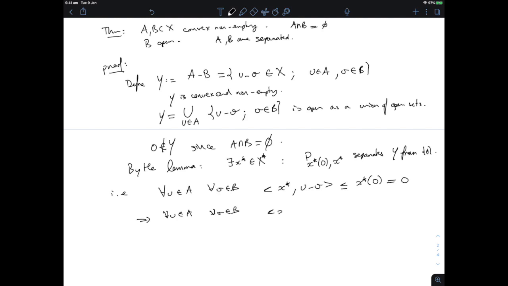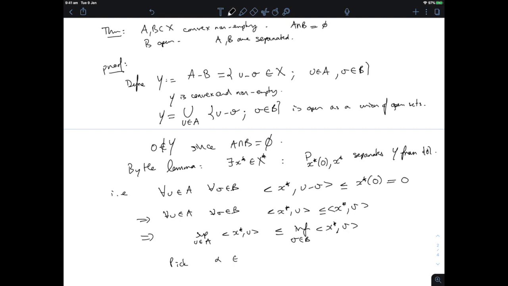x star u has to be smaller or equal to x star v. But now that also tells me I can take a supremum and an infimum on each side. So that tells me that the supremum over all u in A of x star u is smaller or equal to the infimum over all v in B of x star v. Now these two things may or may not be equal, but whatever.